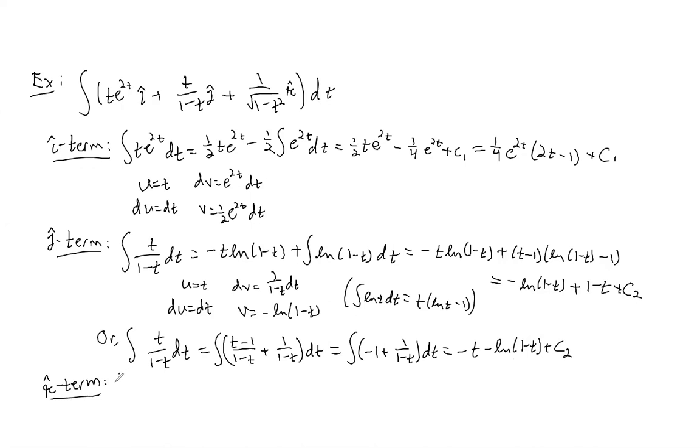Again, this is one of those integrals that you could do with a trig identity, but you might also just remember this. The integral of 1 over root 1 minus t squared dt turns out to be just arcsine of t.